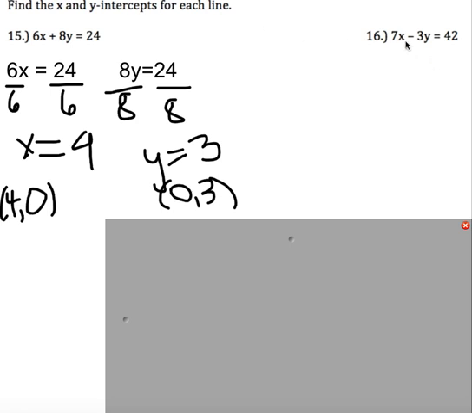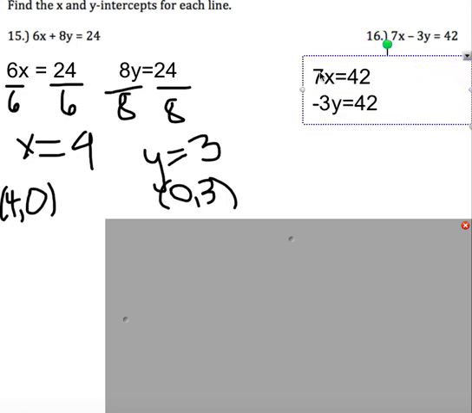Again, if I want to find my two intercepts, I'd plug in 0 for y, and I would have 7x equals 42. Then I'd plug in 0 for x, and I would have negative 3y equals 42.